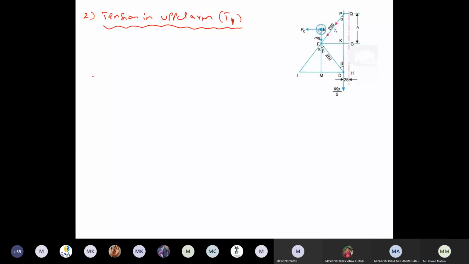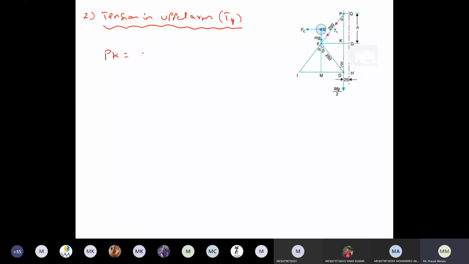Can anyone solve? Try to find the PK value first. How to find PK? Use the Pythagoras theorem.